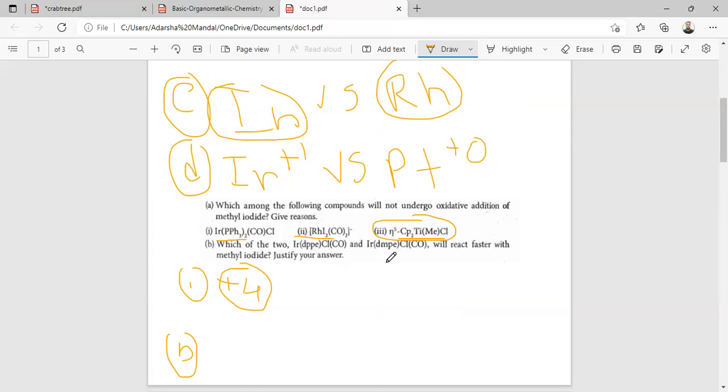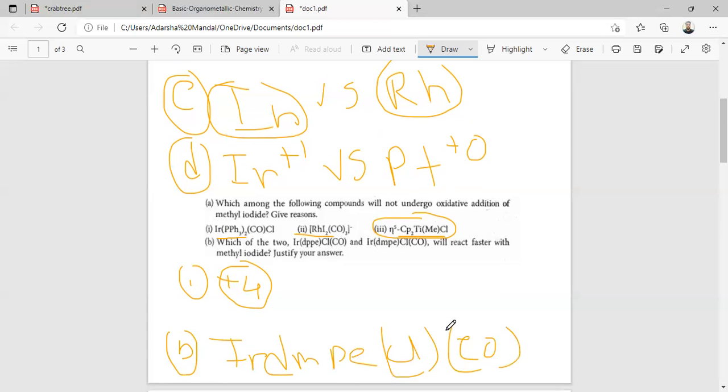So the more nucleophilic iridium will undergo oxidative addition with methyl iodide faster. In the case of iridium DMPE Cl CO, because of the DMPE ligand, which is more electron donating than DBPE, the oxidative addition will be faster. So for iridium DMPE Cl CO, the oxidative addition will be faster.